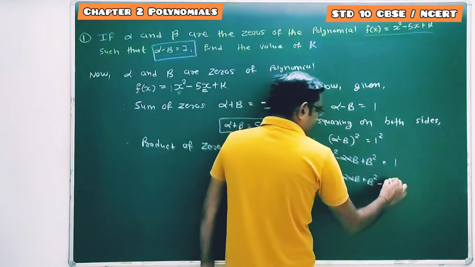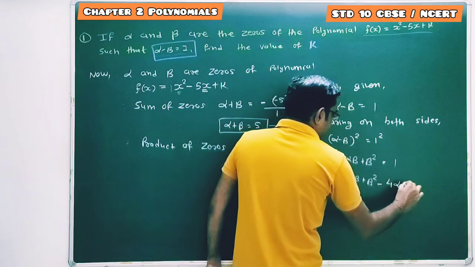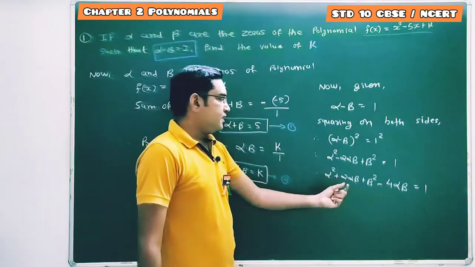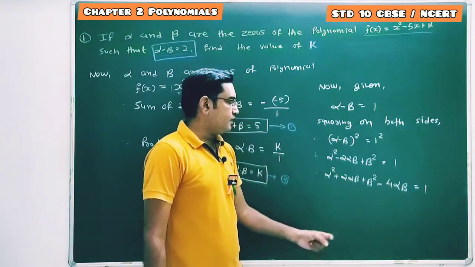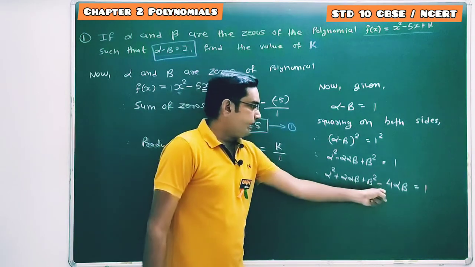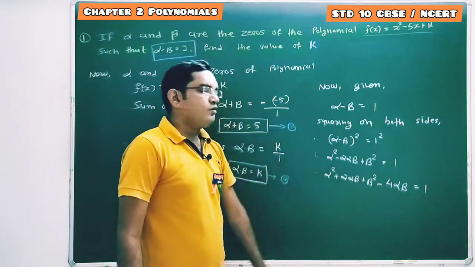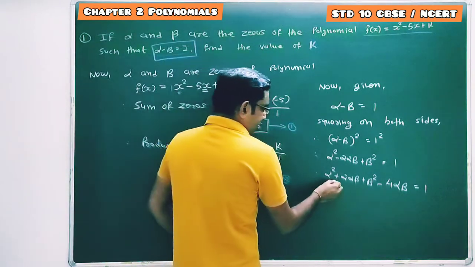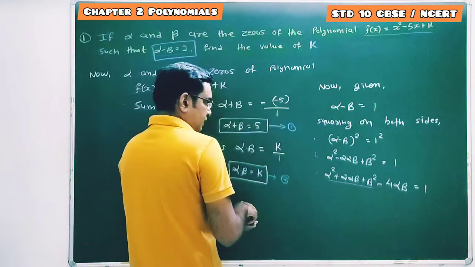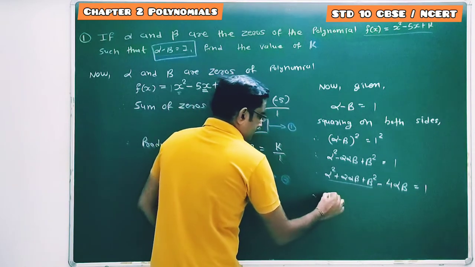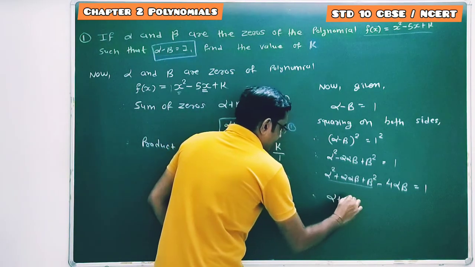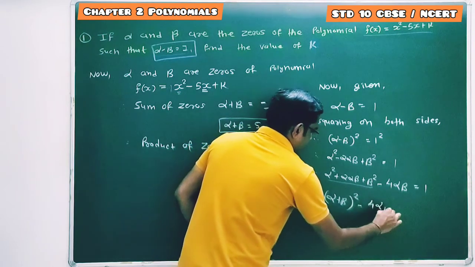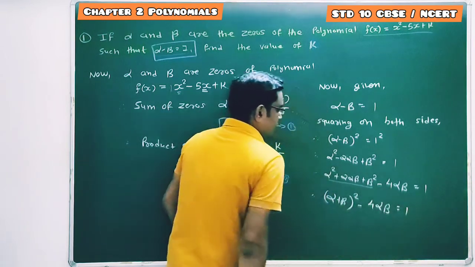So again we have to subtract 4 alpha beta, that is equal to 1. Ultimately, plus 2 alpha beta minus 4 alpha beta is equal to minus 2 alpha beta. Now these three terms can be written as alpha plus beta whole square minus 4 alpha beta equal to 1.